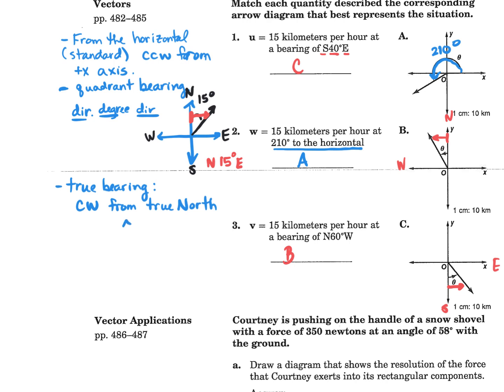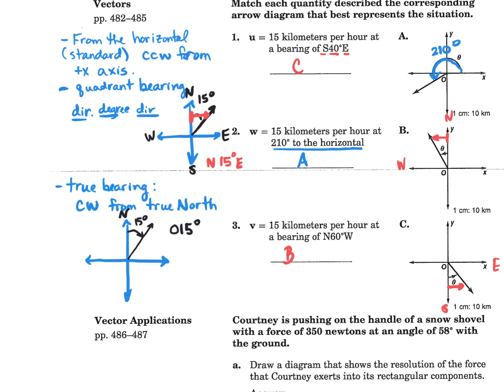What that's going to look like is, say we go to here, and this is 15 degrees. We would write this as 0, 1, 5 degrees. True north is here, isn't it? So we're going to go clockwise 15 degrees. We always use 3 digits for true bearing.